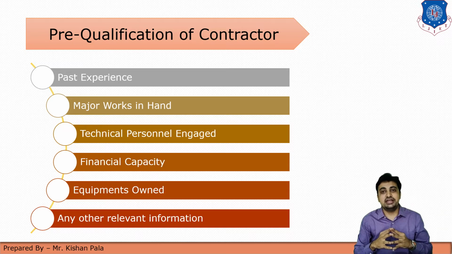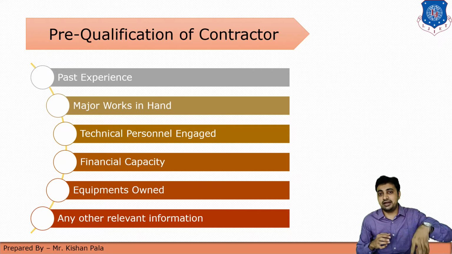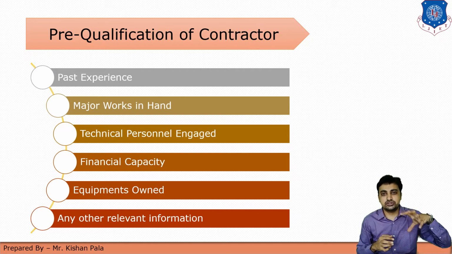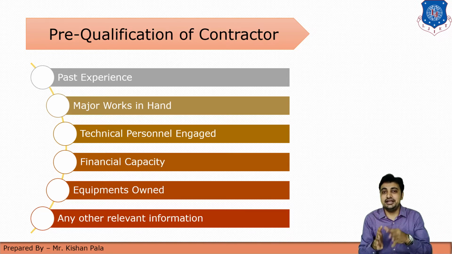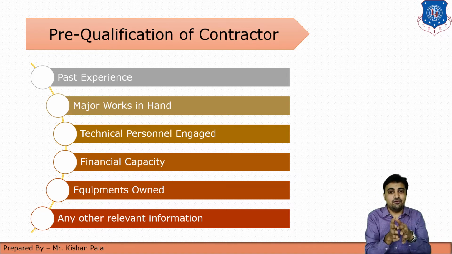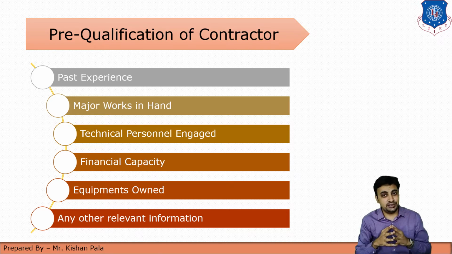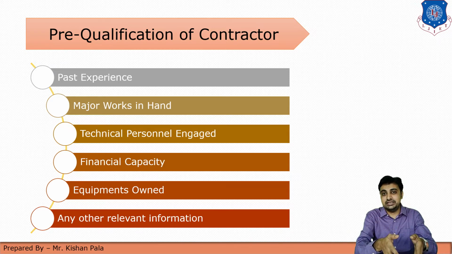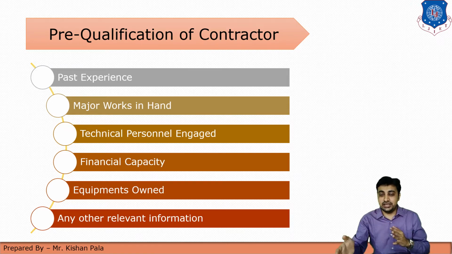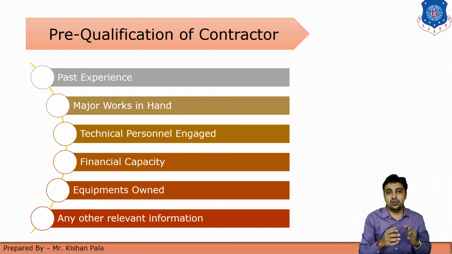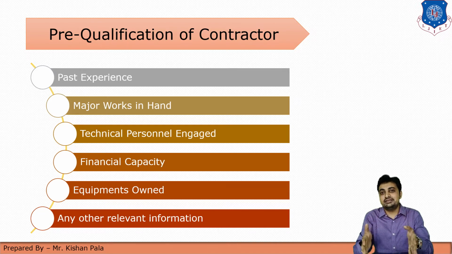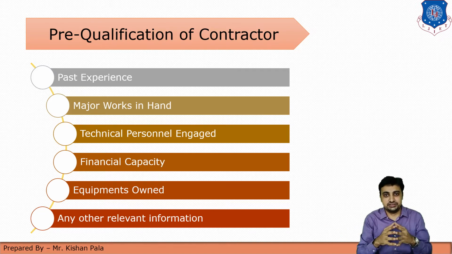Next one is financial capacity. This is one of the important points, because if the contractor's capacity is 2 crore rupees for the construction of the work, and he is already doing a contract of 1 crore 50 lakh rupees currently, and this tender is another 1 crore rupees, the owner and client may judge that this contractor will not do that work because the contractor has facilities only up to 2 crore rupees.